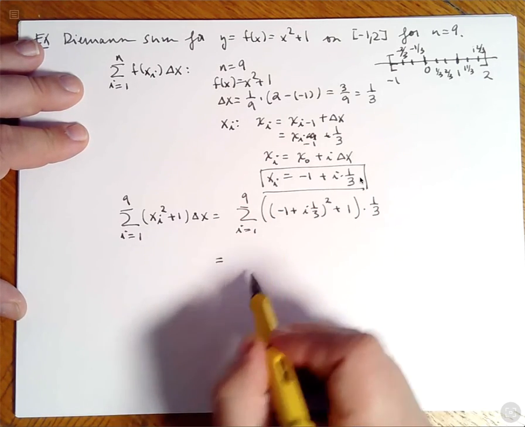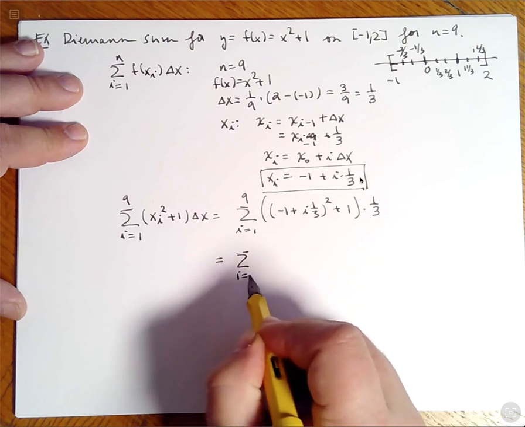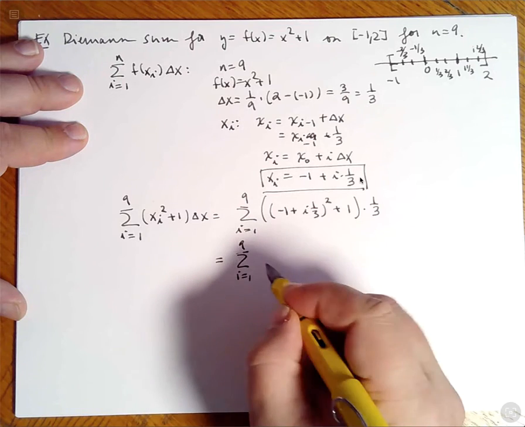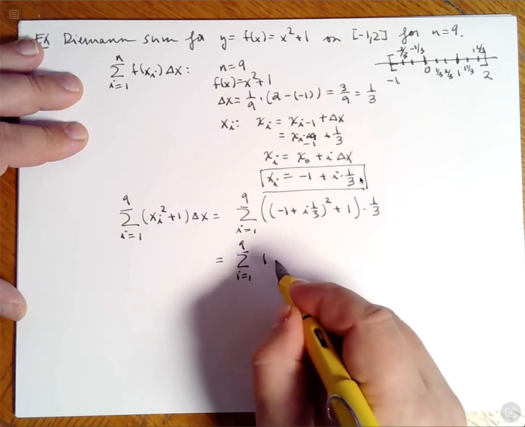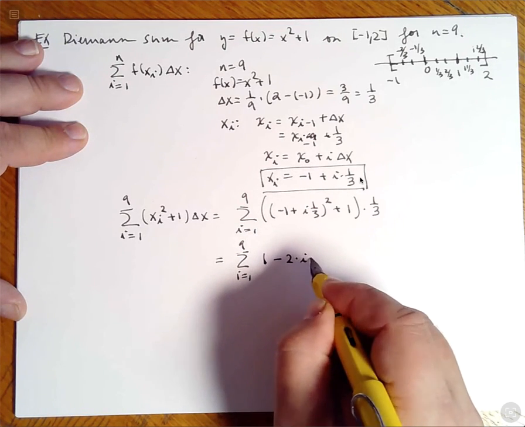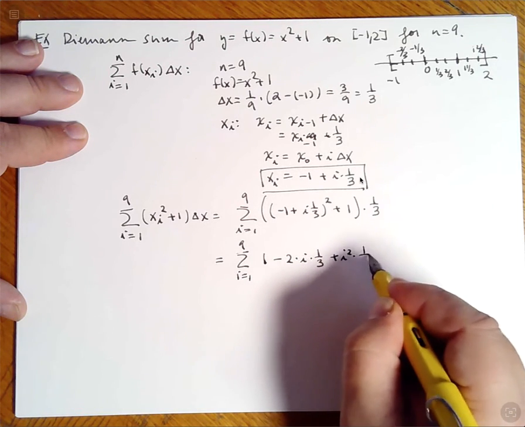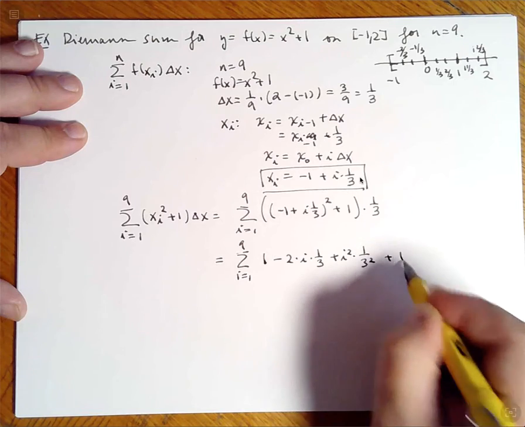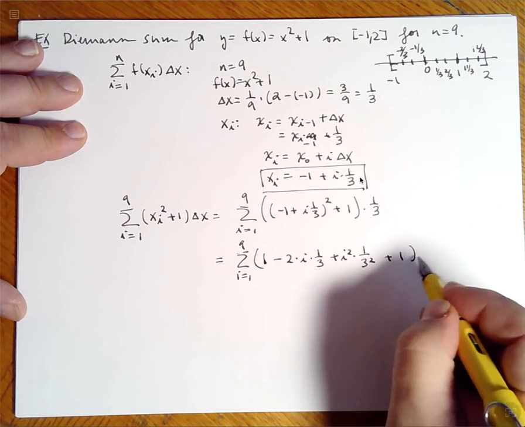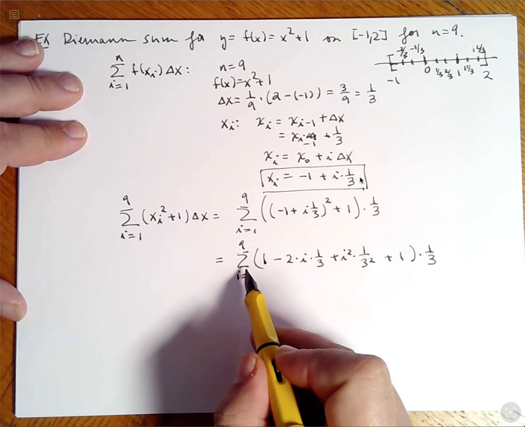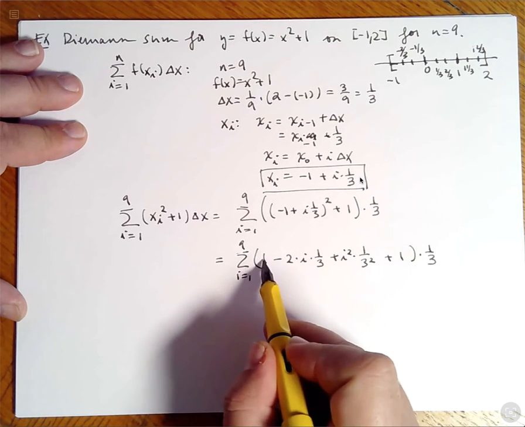Let's simplify this out a little bit. So we'll square this. When we square this, we get 1 minus 2 times i times 1/3 plus i squared times 1/3 squared. And we can simplify this by combining this 1 and that 1.